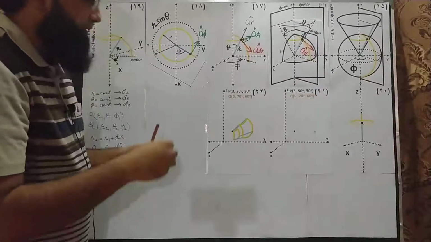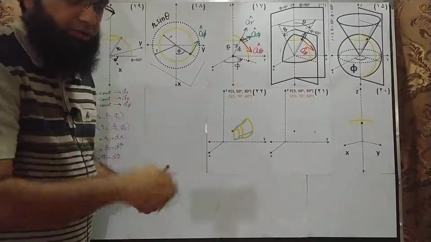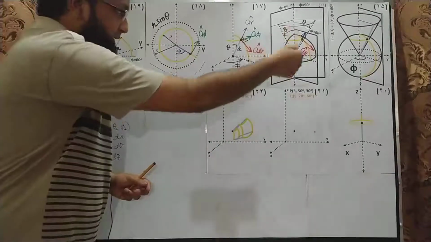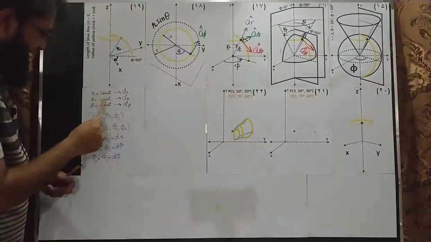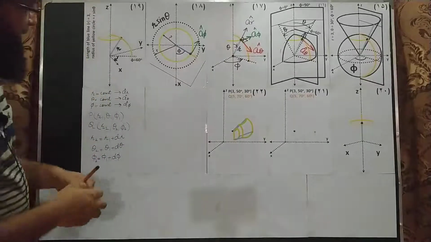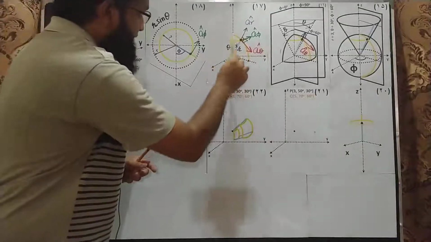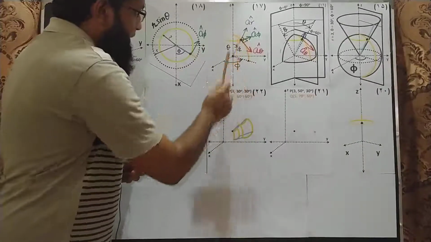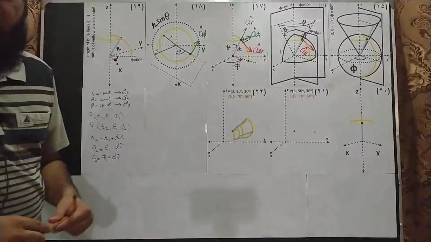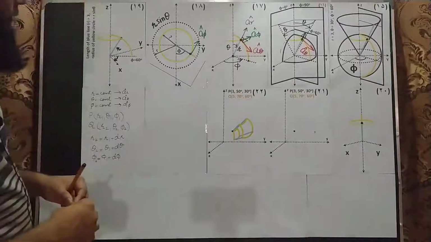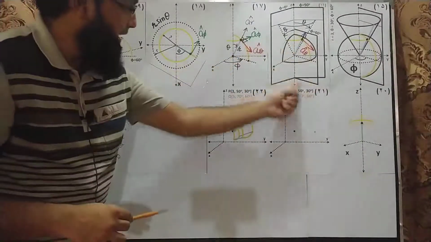So in 3 dimensions, the fundamental shape is of 2 dimensions, that is, surfaces: r equals constant, theta equals constant, phi equals constant. Therefore we must define all the curves, 1-dimensional curves or 0-dimensional points, in terms of the fundamental shapes, the 2-dimensional shapes.